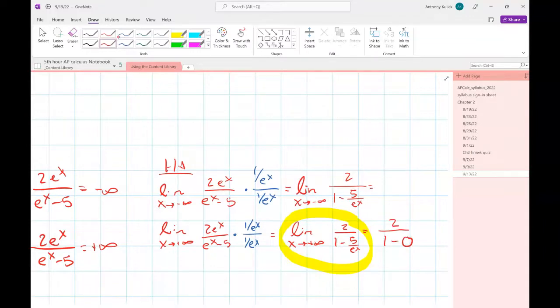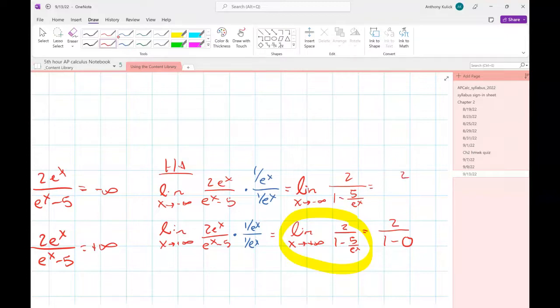Okay. Is everybody cool with that? And hopefully you remember that the limit as x approaches infinity of e to the negative x is 0, right? That was one of the things that we saw along the way in the chapter.